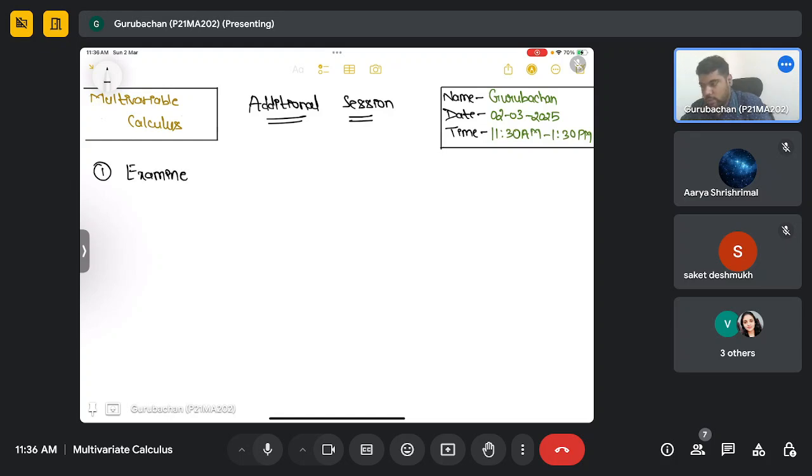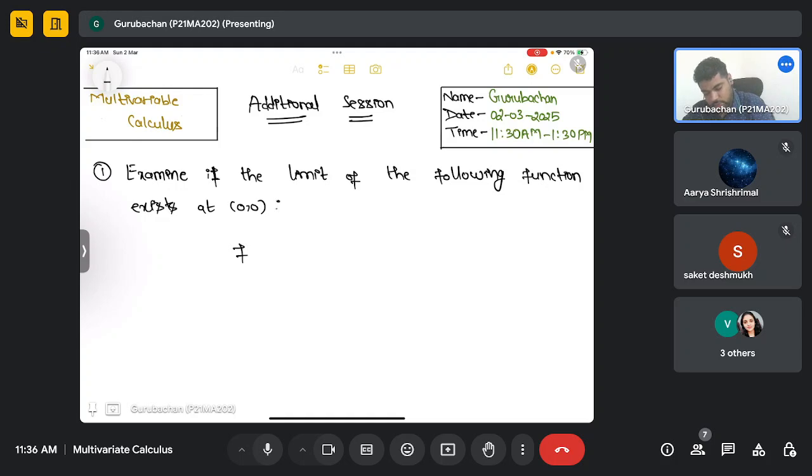Examine if the limit of the following function exists at (0, 0), and the function is sine xy divided by x squared plus y squared. Examine whether this limit exists or not.